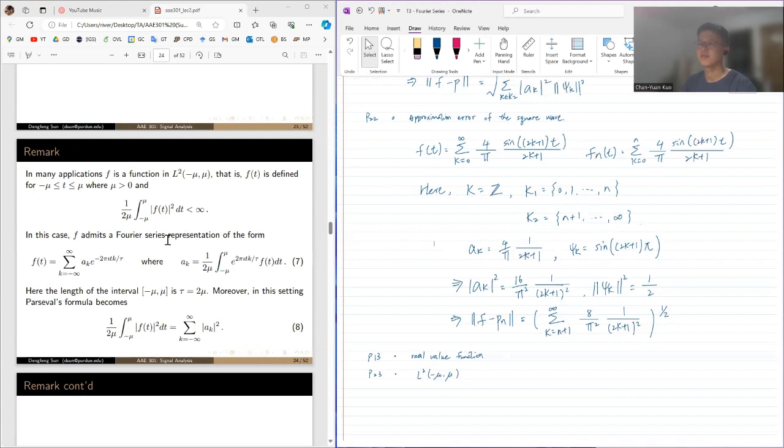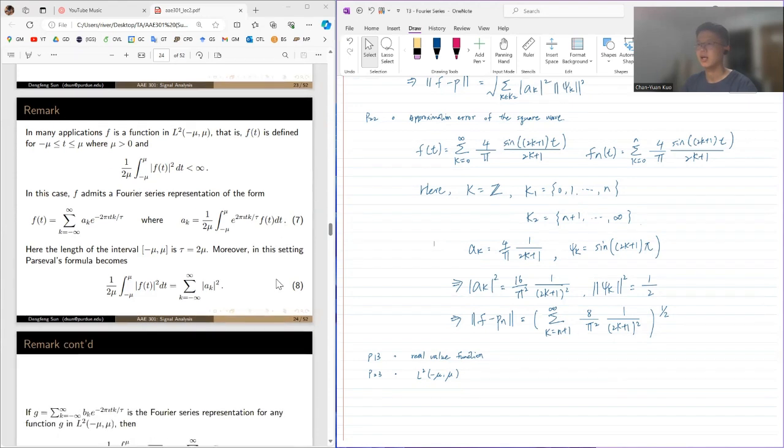And for functions in the Lebesgue space L squared negative mu to mu, the Fourier series representation for a function f will be the same, but how you compute the Fourier coefficients will be slightly different. And you can follow equation 7 to compute the Fourier coefficient AK in this case. And also there will be a change to Parseval's formula. And if you are interested, you can look at equation 8.